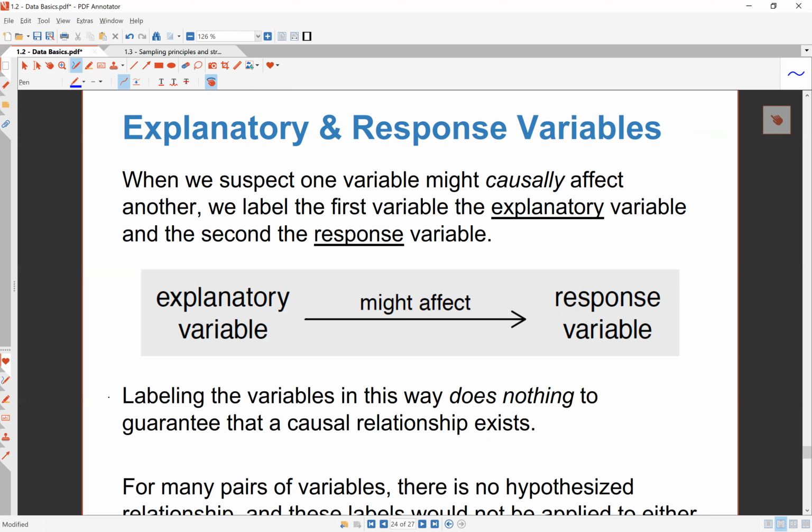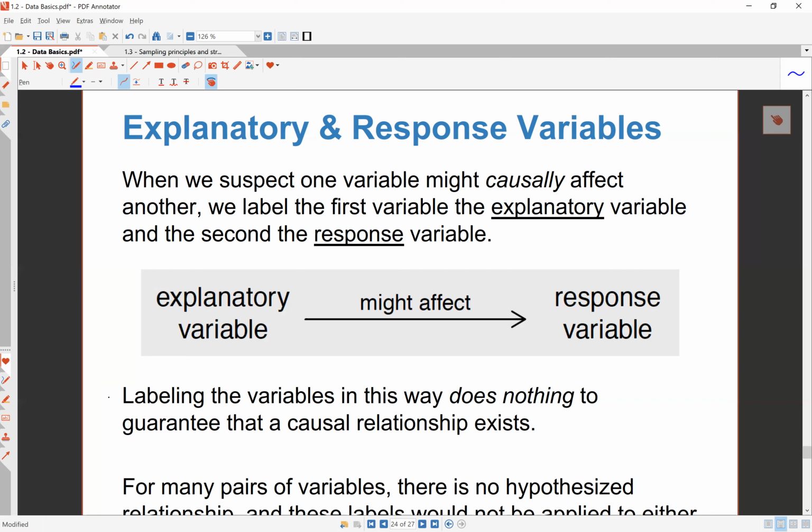If we look at our example of how often do you eat leafy green vegetables, how many times did you go and see the doctor last year? Well, consumption of leafy green vegetables may have an impact on health, but it's unlikely that seeing your doctor has an impact on how often you eat leafy green vegetables.